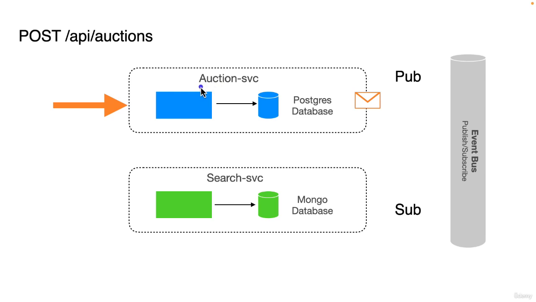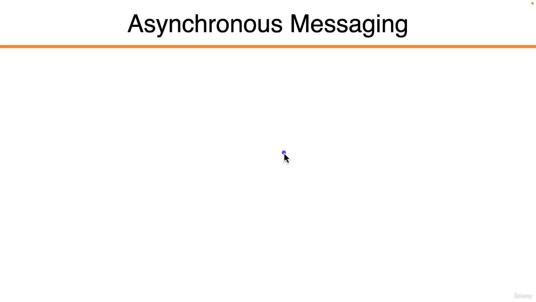Now, instead of our auction service using an HTTP request to our search service, this time we're going to use the publishing approach to publish that message to the service bus, and our search service is going to subscribe to the service bus and receive that message and then take the action to eventually get our Mongo database consistent with our Postgres database.